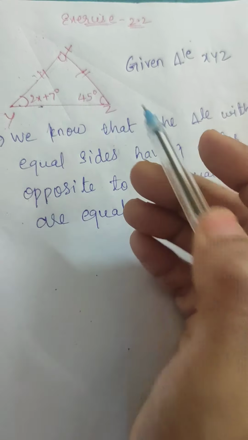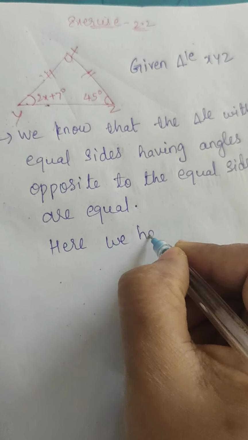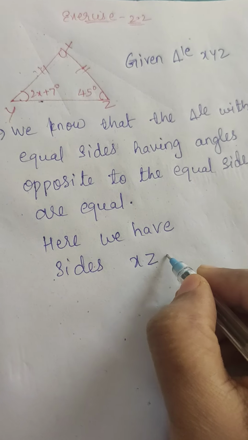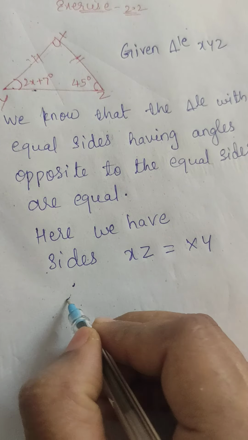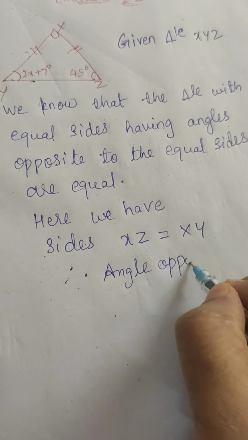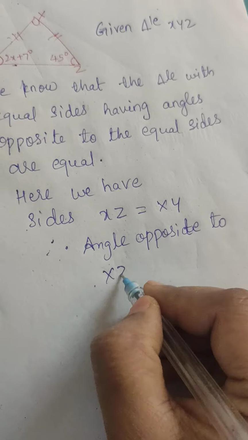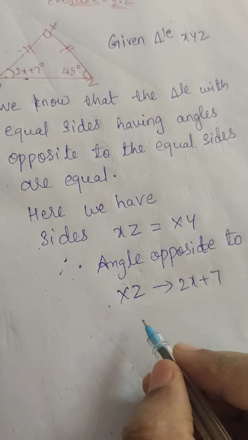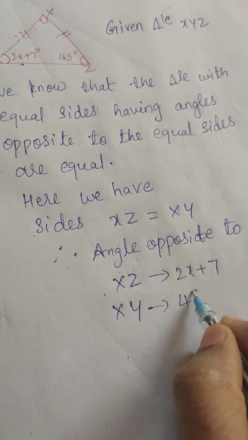Here we have sides XZ equal to XY. These two sides are equal, therefore the angle opposite to XZ is 2x plus 7 and opposite to XY is 45 degrees.